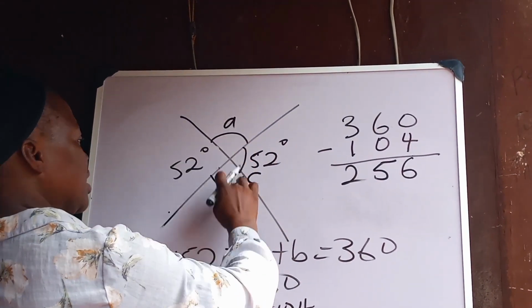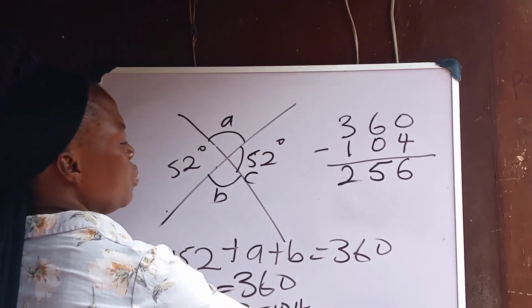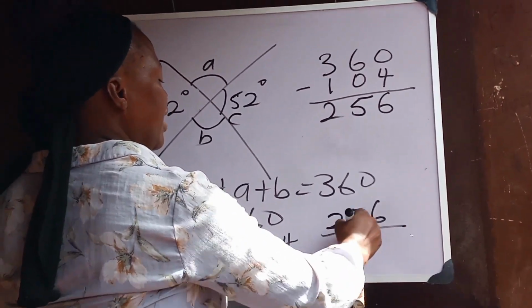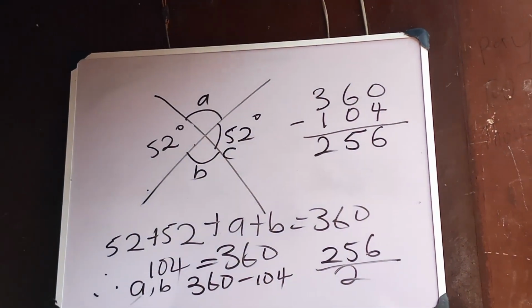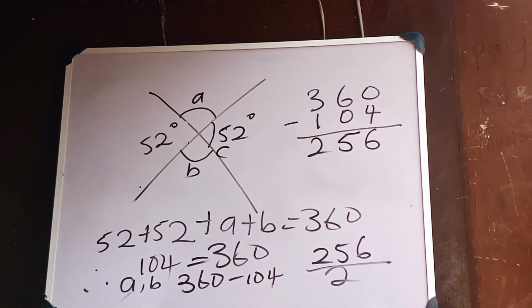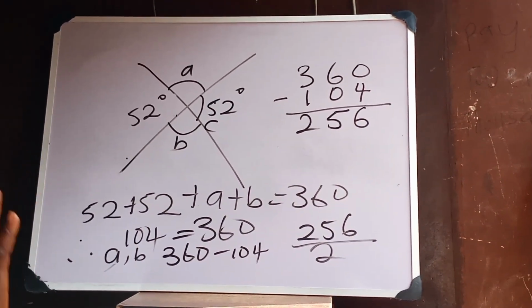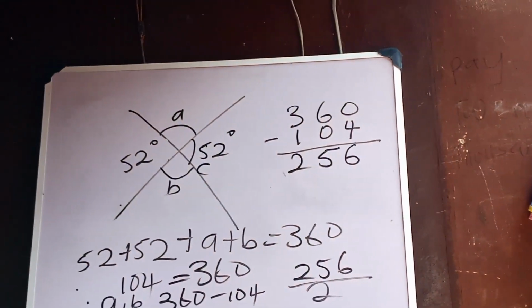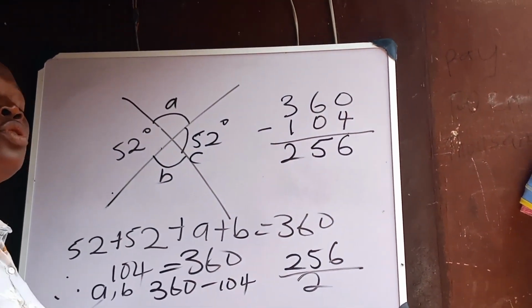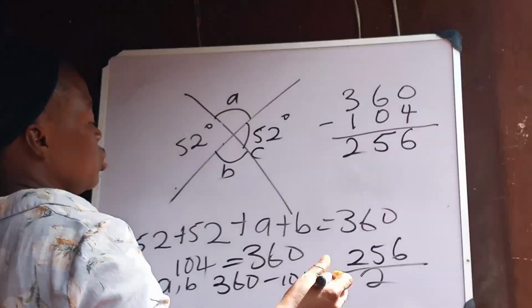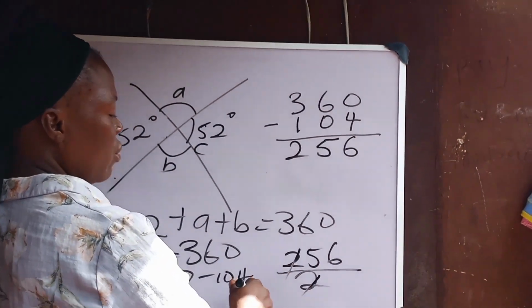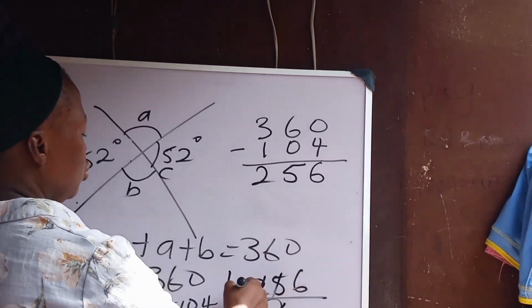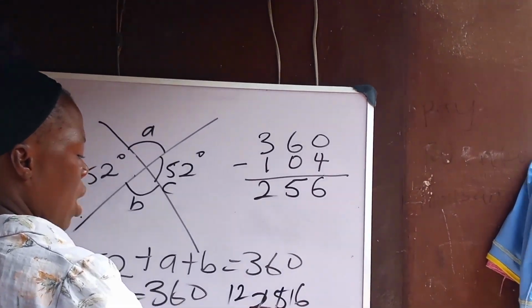Since these two places are equal, we simply do it this way: 256 divided by 2. That is the remaining angles divided by 2. 2 into 2 goes 1.